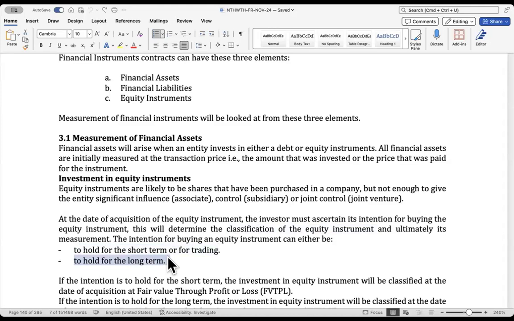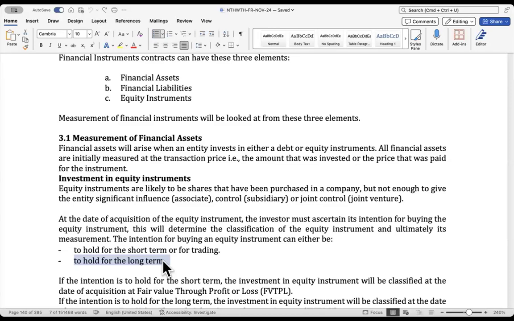And how do you separate between these two? You cannot separate it looking at the number of years. No, it's not possible. The difference between these two is that for the long term, you don't have plans of reselling those shares that you bought. You want to hold it for life, to the foreseeable future.